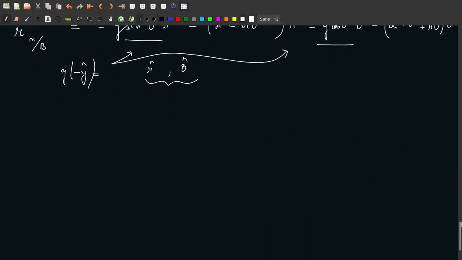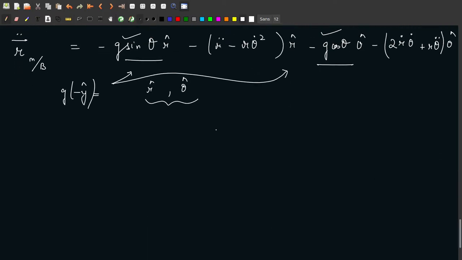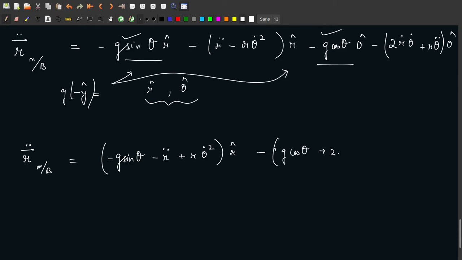I'll leave it to you to fill up these details, and rearranging, what we finally get is that the acceleration of the mass with respect to the bucket frame is equal to minus g sin theta minus r double dot plus r theta dot squared r cap minus g cos theta plus twice r dot theta dot plus r theta double dot theta cap.